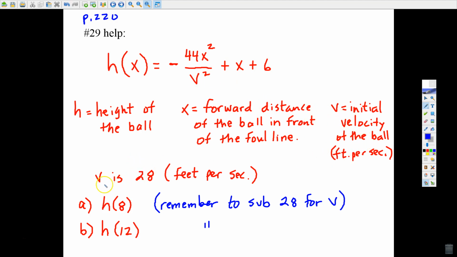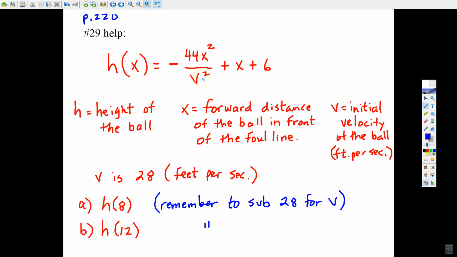Well, they tell you in the problem, if you read through this, that v is given in the very last sentence right in front of part A. Suppose a player shoots a ball with an initial velocity of 28 feet per second. So right away, of course, you're going to want a calculator for this. You're going to plug in 28 for v, so you're going to have 28 squared.